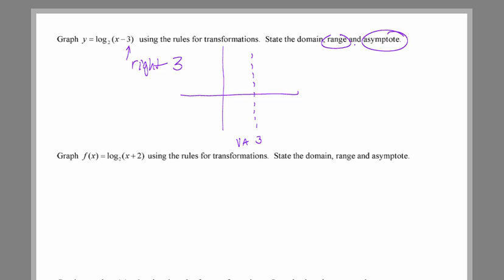What about the range? Don't even stop and think. The range is always all real numbers. The domain is going to use this vertical asymptote, and in this case the domain, the x values, will be greater than 3. If it had been flipped over to the left side, then it would be the x values less than 3.